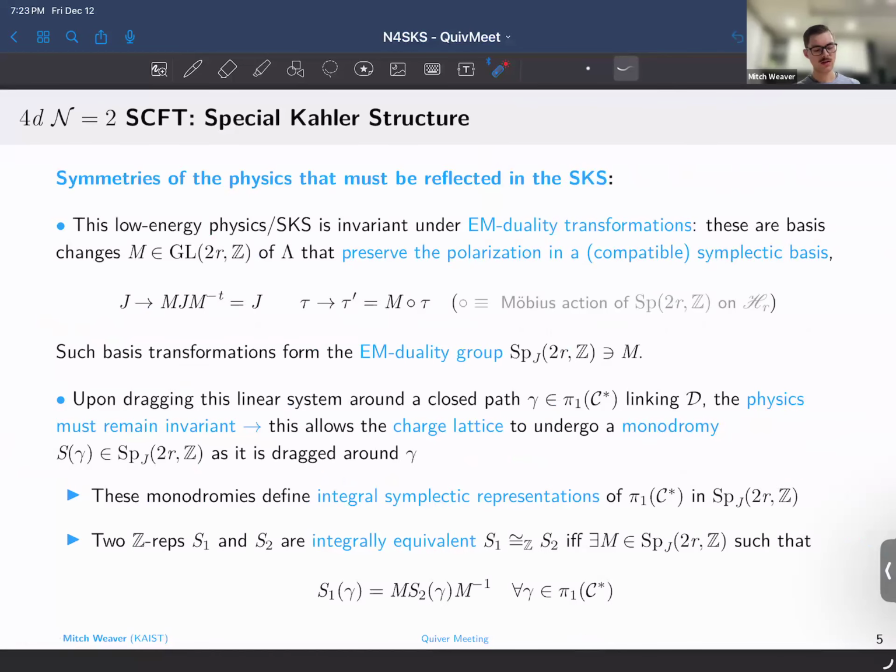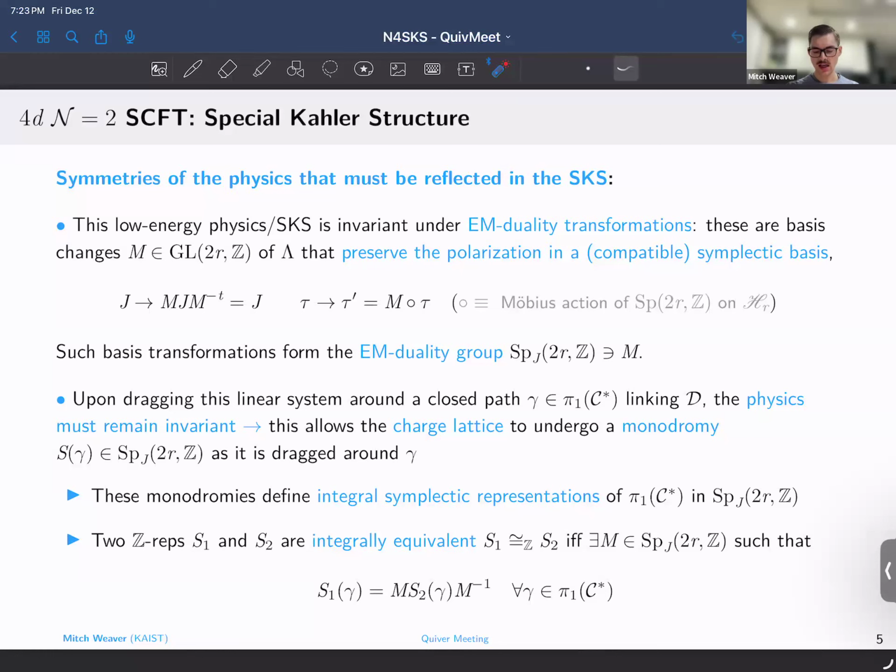Okay, so there are some symmetries that these low energy effective actions possess that must be reflected in the special Kahler structure. The first of which is that the low energy physics is invariant under the EM duality transformations. And these are essentially integer valued GL(2R) matrices, which are basis changes of the lattice, which also preserve the polarization.